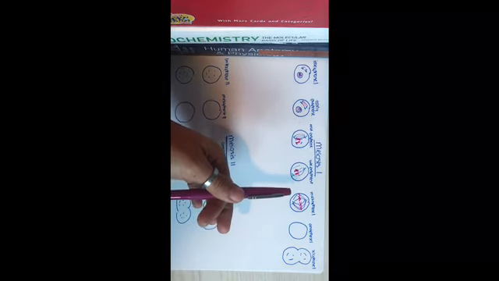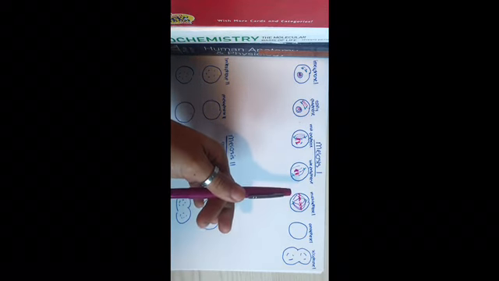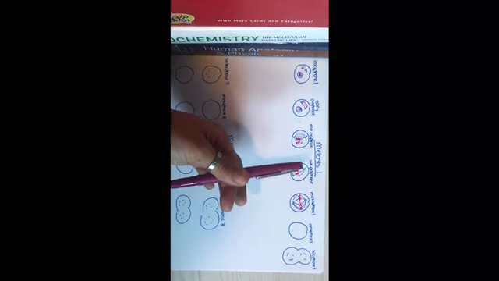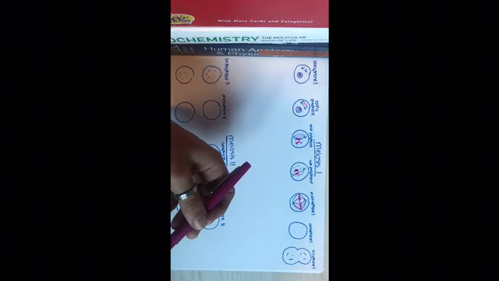So then we have anaphase 1. In anaphase 1, homologous chromosomes separate and move to opposite poles, while the sister chromatids remain together. So that's another really important thing about meiosis 1, is that they separate with the chromatids still together.